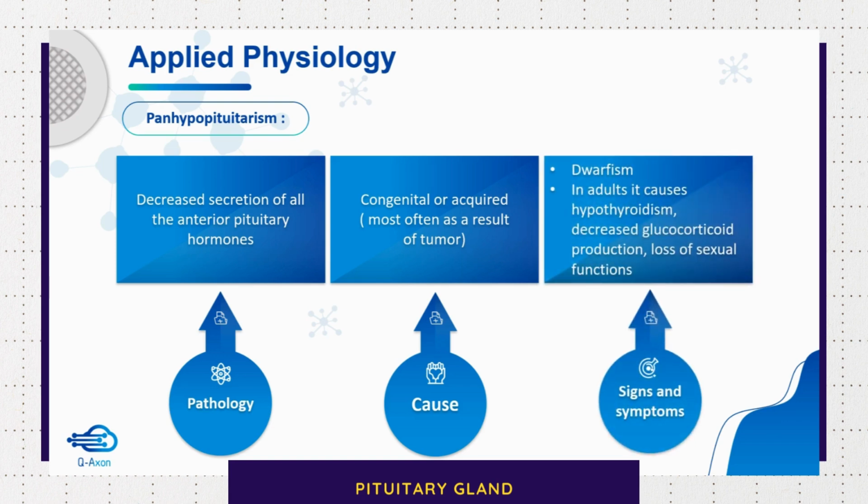So when all the hormones are decreased, it can result in dwarfism, which is due to decrease in secretion of growth hormone, and when there is decrease in thyroid stimulating hormone, it results in hypothyroidism, and there will be decreased glucocorticoid production and loss of sexual functions due to decrease in hormones like FSH and LH.